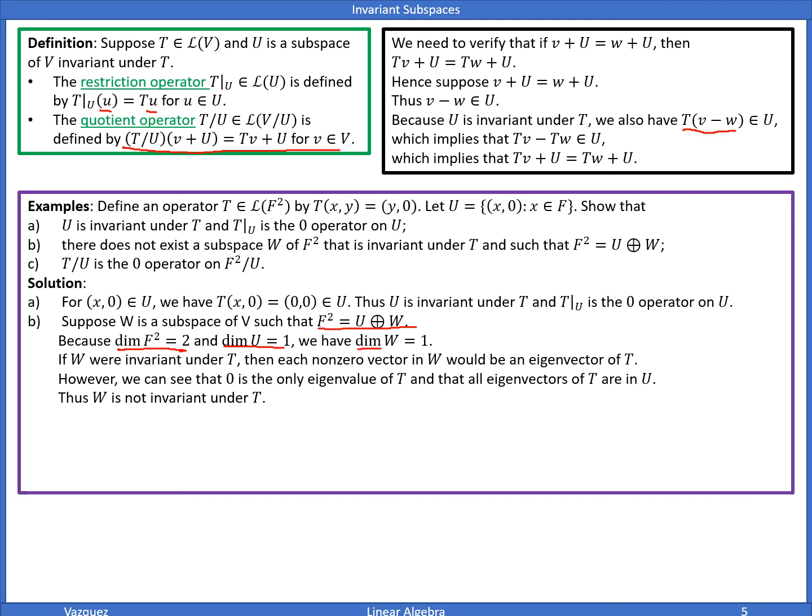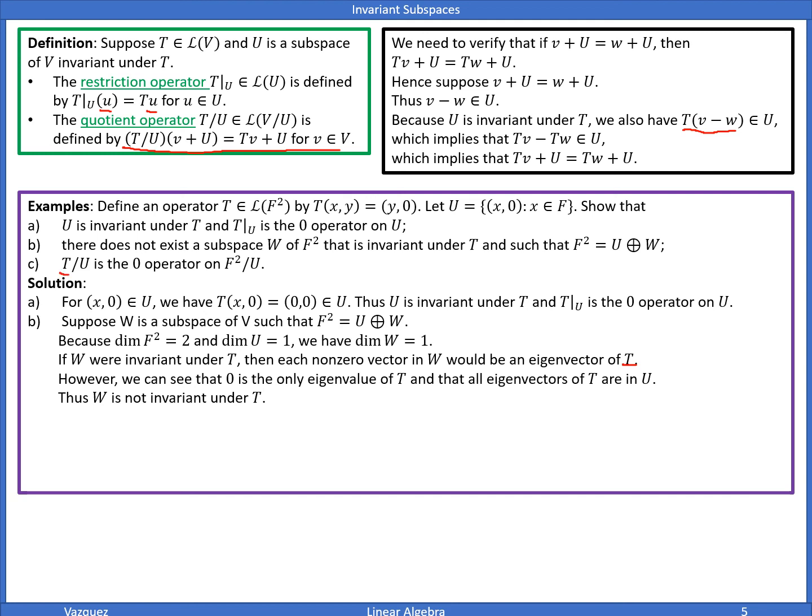So the dimension of W should be 1. Well, if W were invariant under T, then each non-zero vector in W would be an eigenvector of T. However, where do we run into a problem? Well, we can see that 0 is the only eigenvalue of T. Therefore, W cannot be invariant under T. Is that what I said? I don't even know.